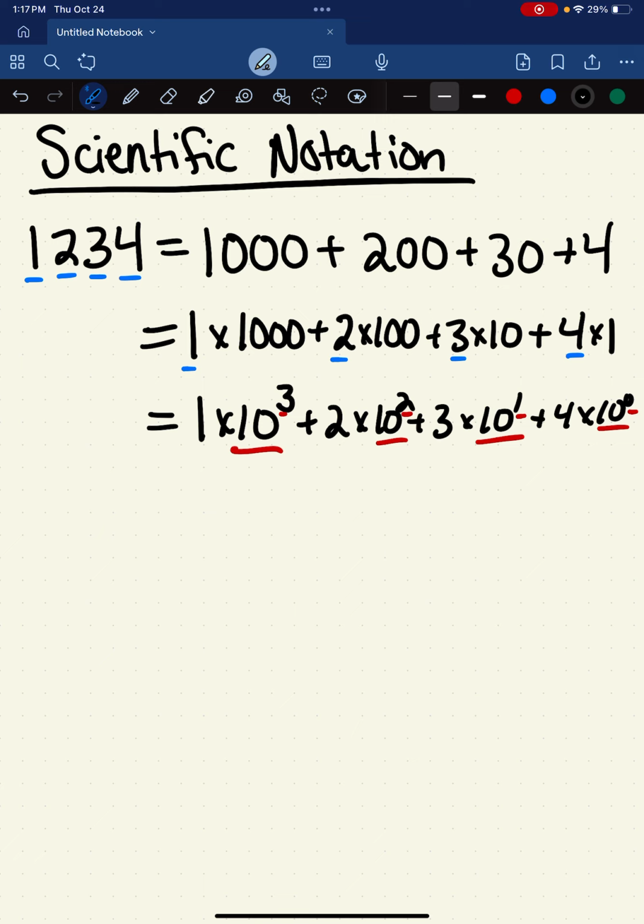Right, and if you have decimals, let's use different numbers. Let's use 0.46.